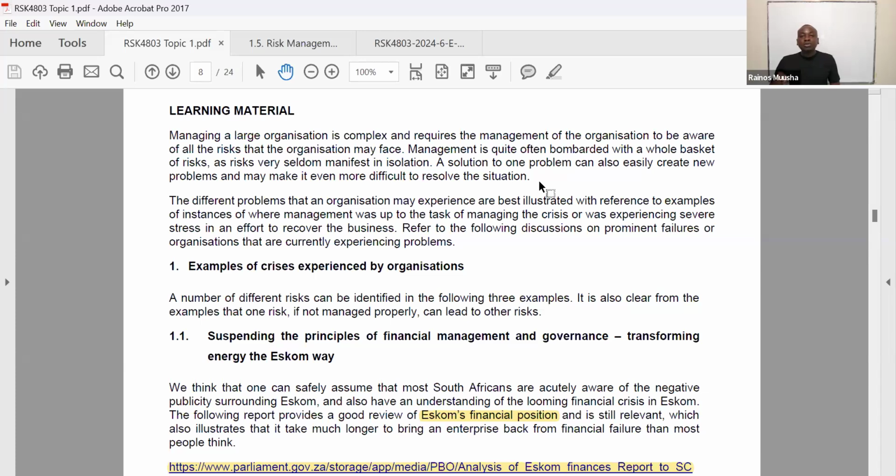So, typically, when it comes to study unit 1.1 to unit 1.5, the main theme of this section is risk management failures. So we are trying to address the question: what are risk management failures and how do we identify risk management failures?